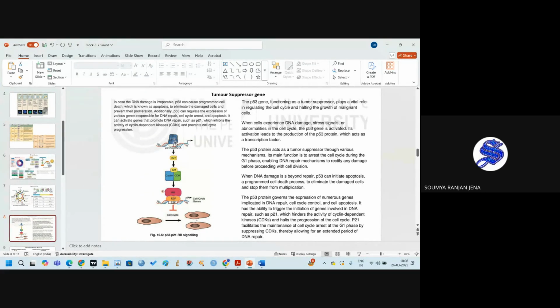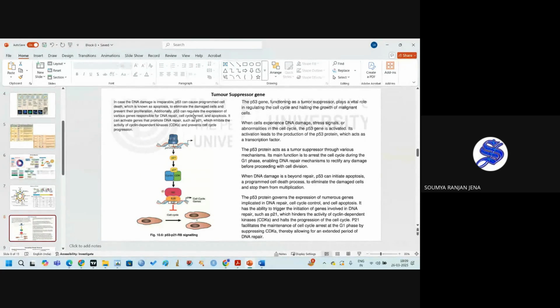And this is very important. In case of DNA damage, P53 can cause programmed cell death. If it checks and the DNA is not properly repaired, then it will go for the apoptosis process and the cell will go for cell death. And if P53 checks, halts and repairs the DNA, then the cell will enter the cell cycle process.